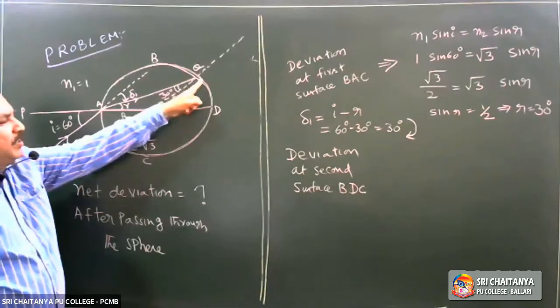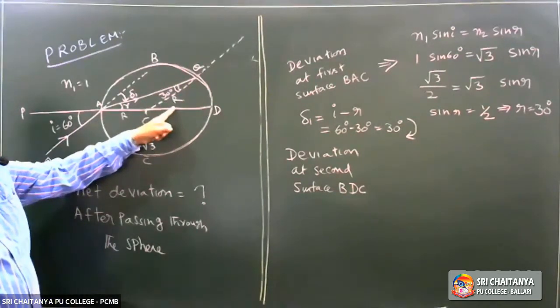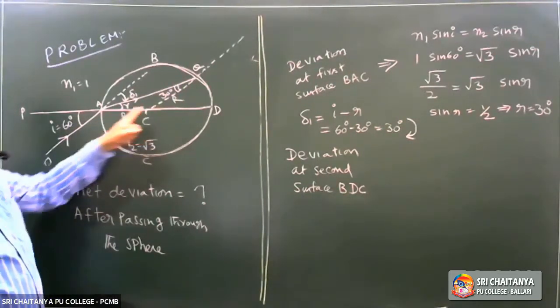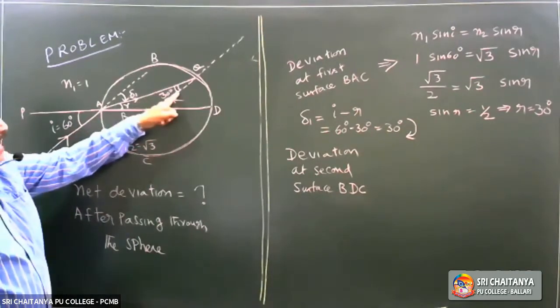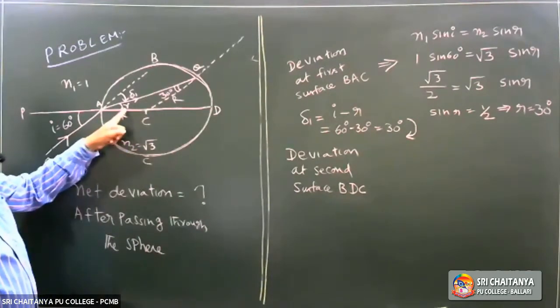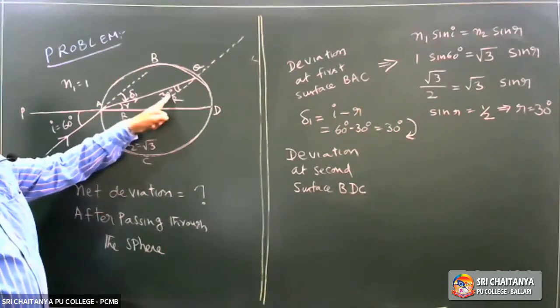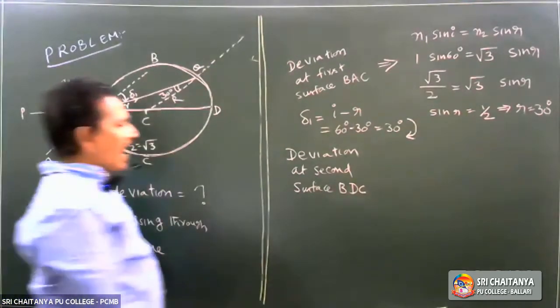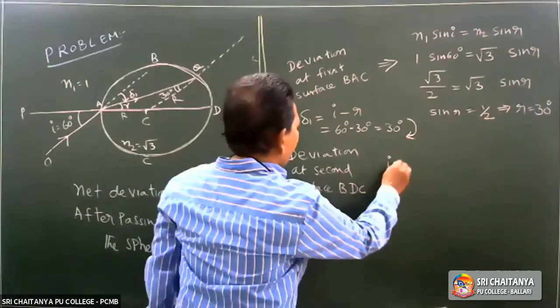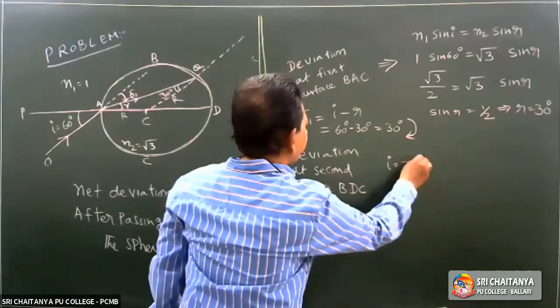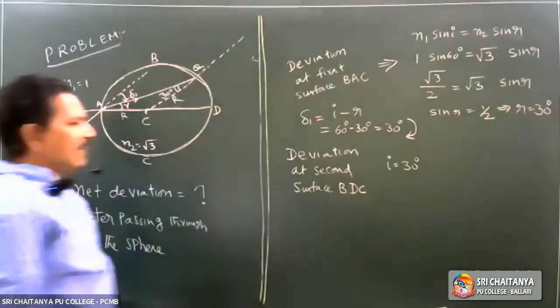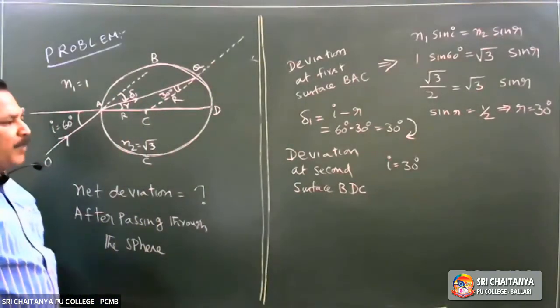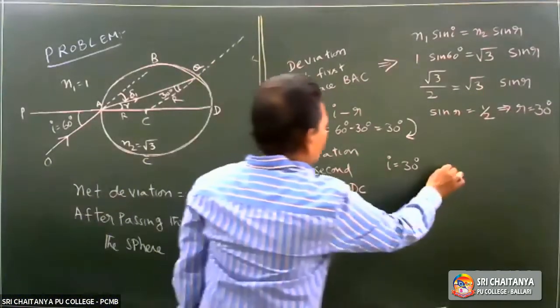C to Q is also radius. Isosceles triangle, so this angle must be equal to this angle. Already we calculated this angle, 30 degrees. Then this is also 30. So what is the I value for the second surface? 30 degrees. We have to find the R value.